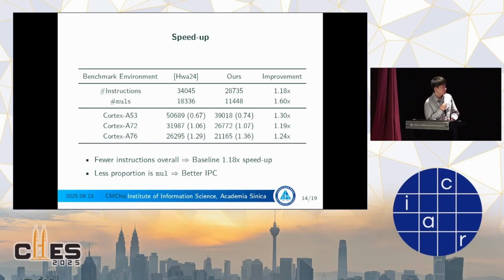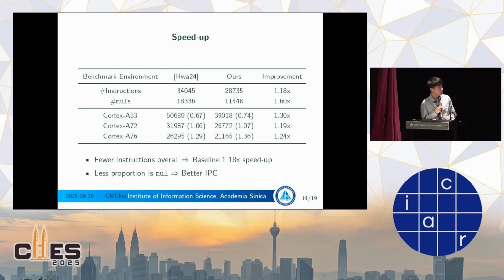The first thing to notice is that we actually use much fewer instructions overall. So as a baseline, we can already expect a roughly 1.2x speedup, assuming the IPC, instructions per cycle, is more or less the same.